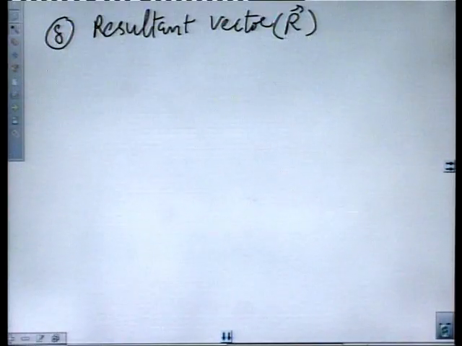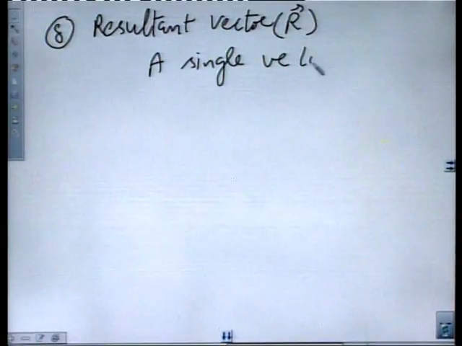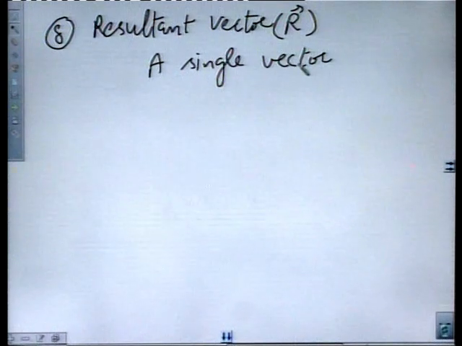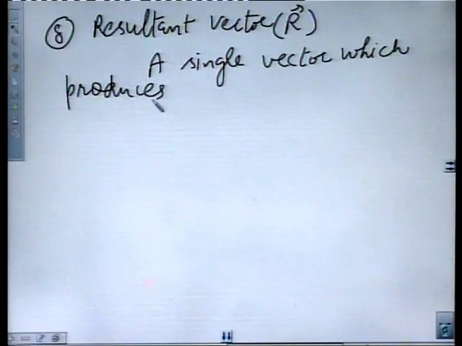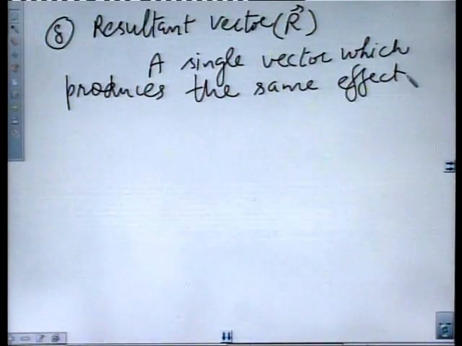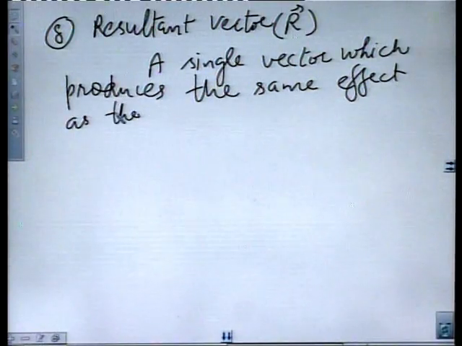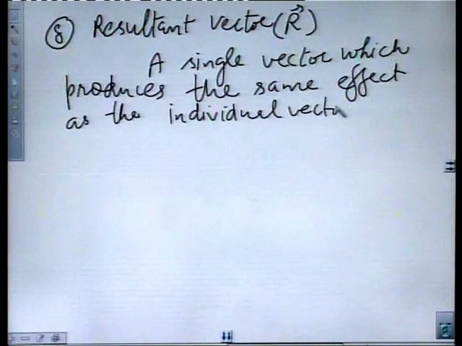A resultant vector is a single vector which produces the same effect as the individual vectors together do.